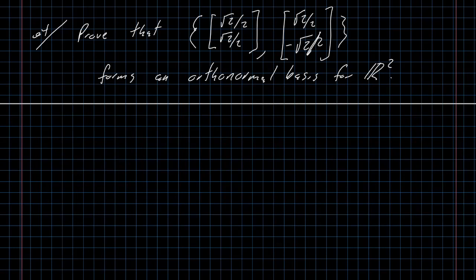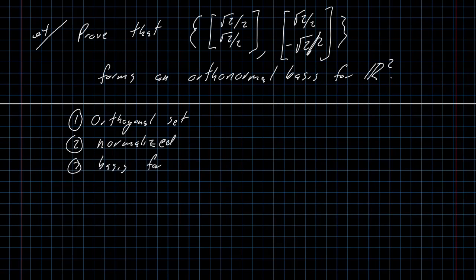All right. So to give you kind of a guideline of where to go, you need to show that this is an orthogonal set. You need to show that all of the vectors in the set have been normalized.